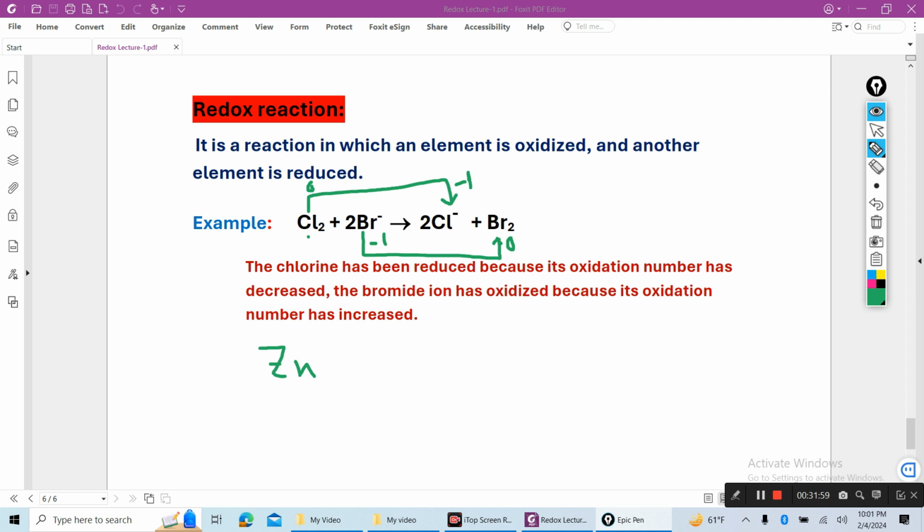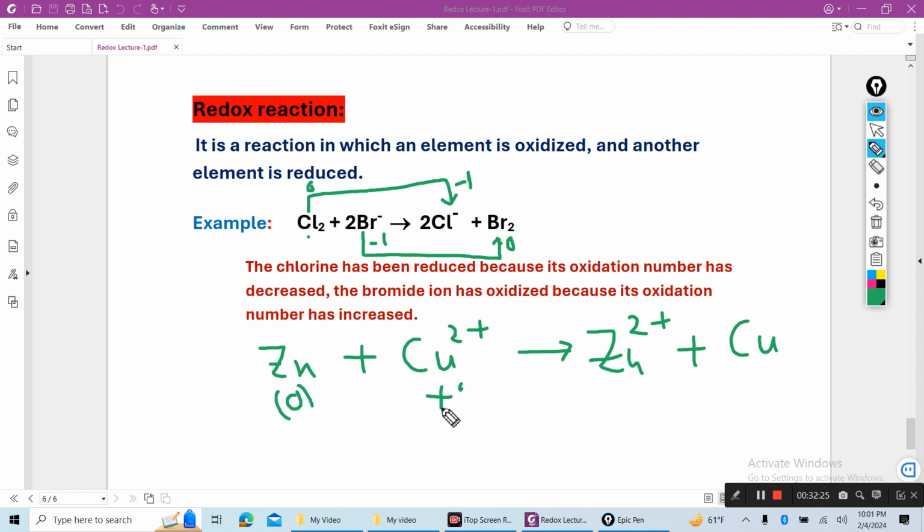You see rule 1, zinc oxidation number is 0. Here oxidation number of copper is +2, and oxidation number of zinc here +2. Here oxidation number of copper is 0.